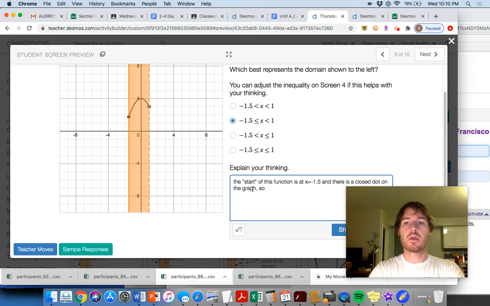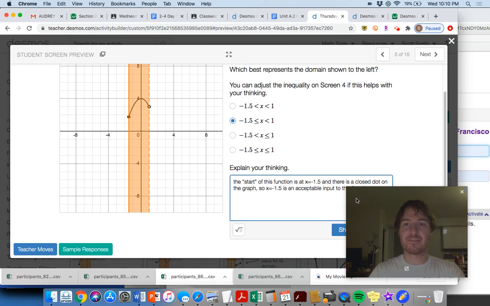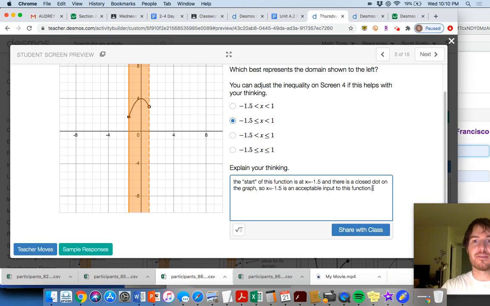So x equals negative 1.5 is an acceptable input to this function. So it's inclusive in the domain.